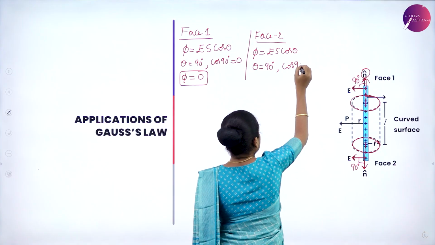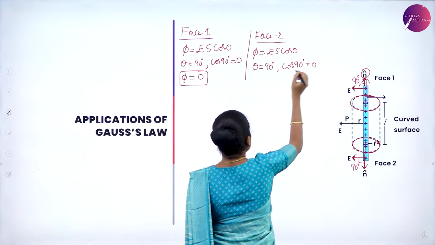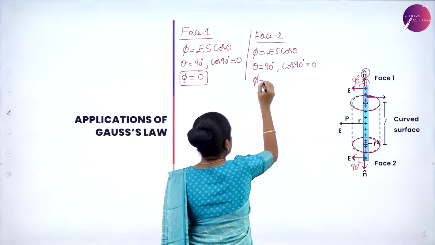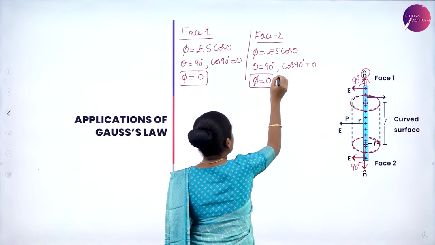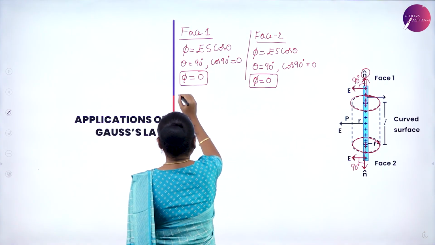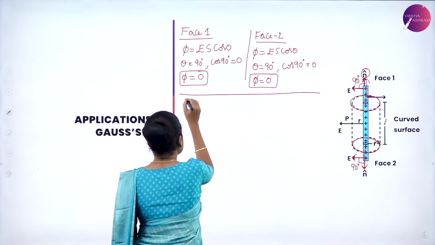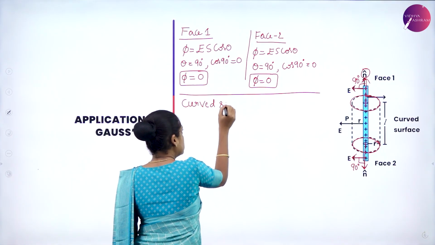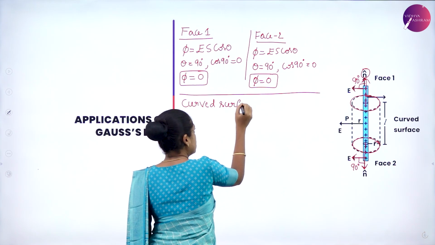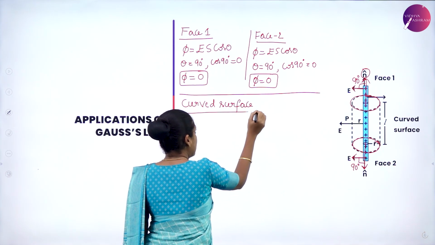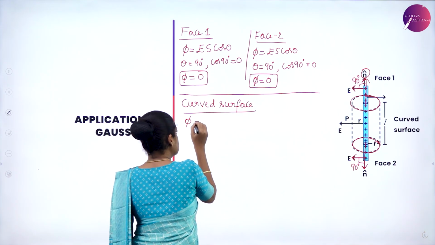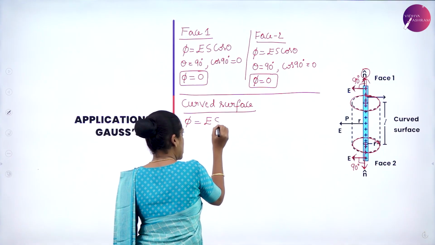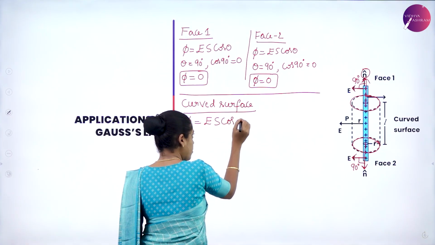Cos 90 degrees is equal to 0. Hence, phi is equal to 0 through face 2. The last part is the curved surface.